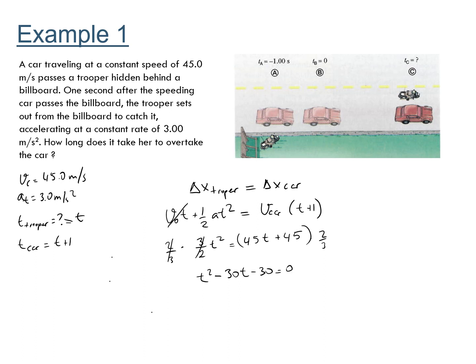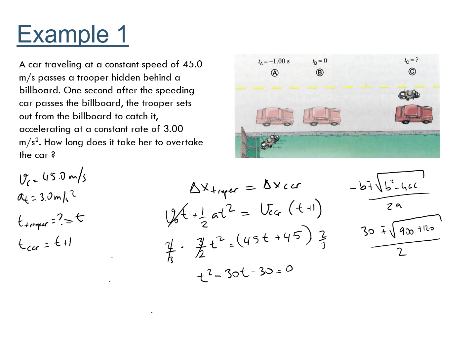Now we need to solve this quadratic equation. Depends on how you like to solve it. Let's remember the quadratic equation. Negative b plus minus square root of b squared minus 4ac over 2a. 30 plus minus square root of 900 plus 120 over 2.